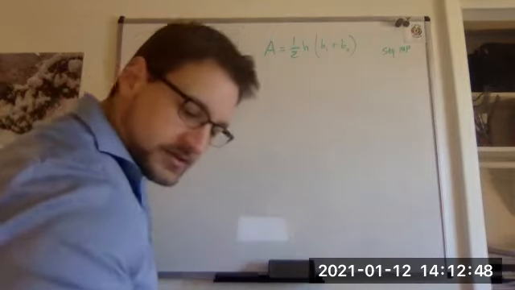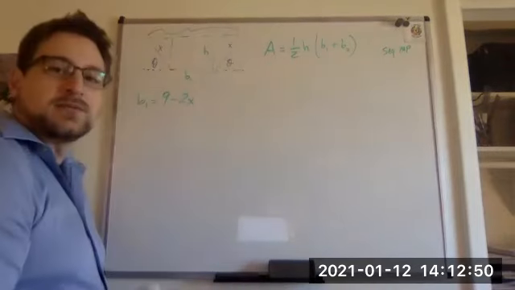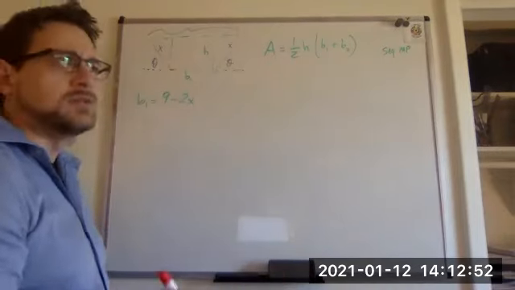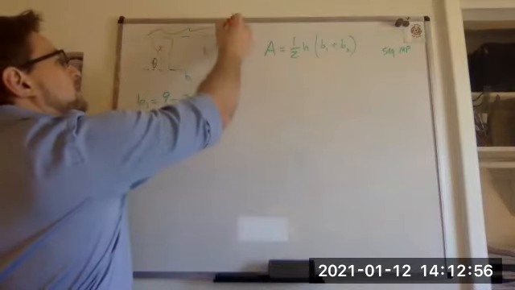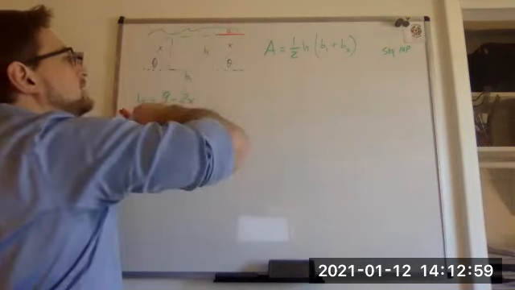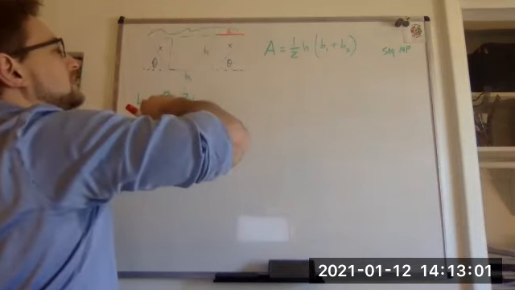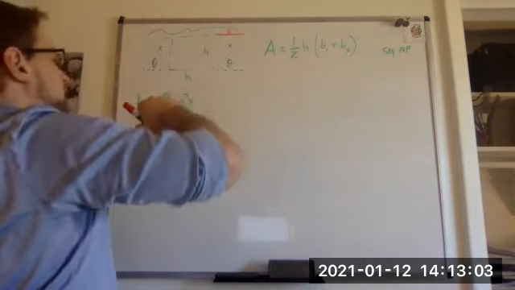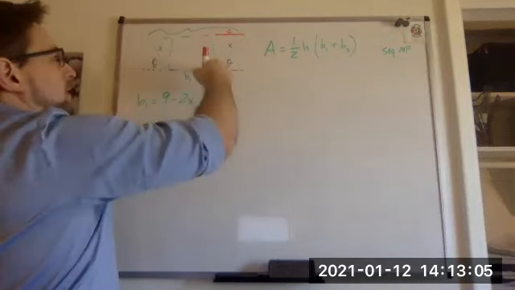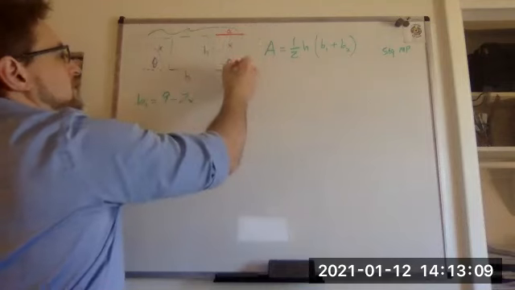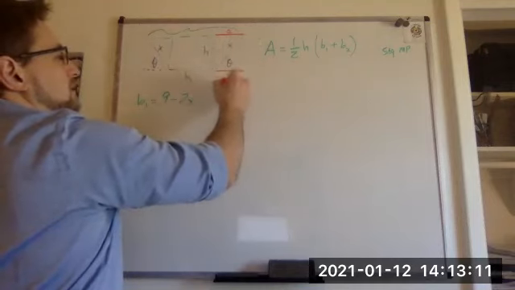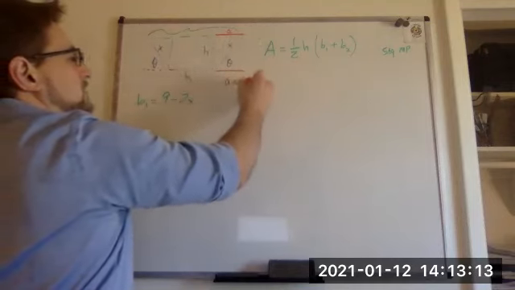Those two horizontal sections on either side we can find with the Pythagorean theorem, I think, or maybe with right triangle trig even. So if we talk about this and call that A, then that's also this distance, and that would be x cosine theta.